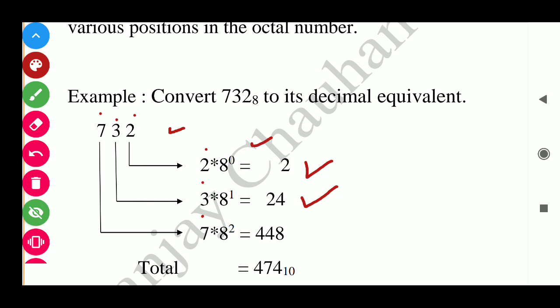The power is increased, and 8 to the power 2 is 64, into 7 is 448. So the total is equal to 474 if you add all these. So your answer is 474 base 10. It is converted into a decimal number.